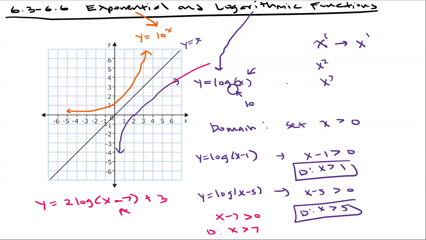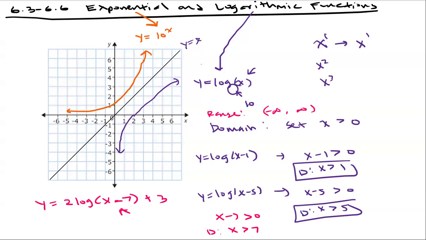It's going to keep going up and up and up. So the range, in regards to the highest point, is going to go to positive infinity. So for the original function, the range is going to go from negative infinity to positive infinity, always.